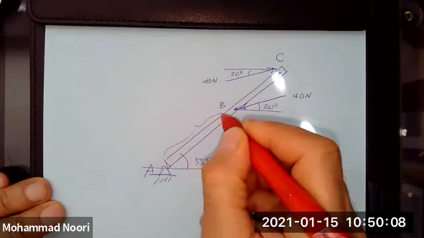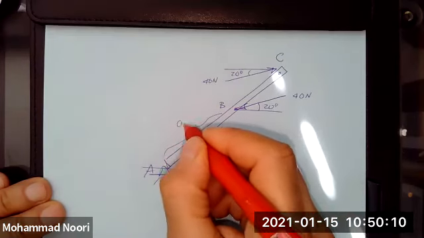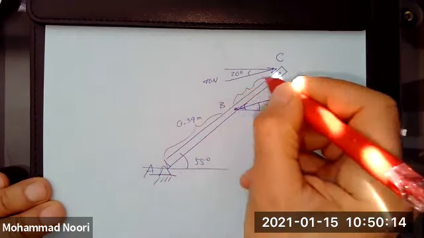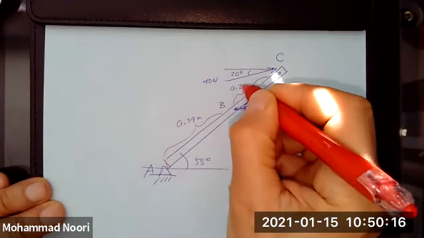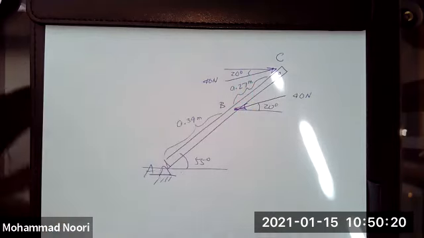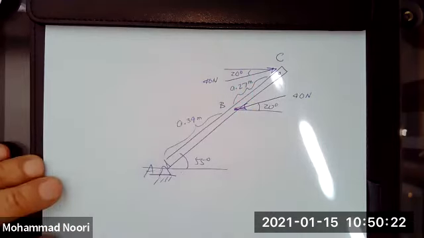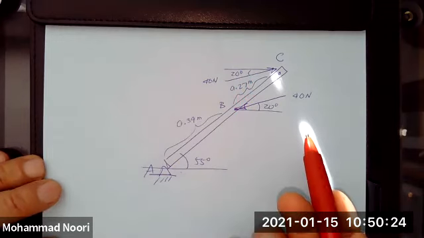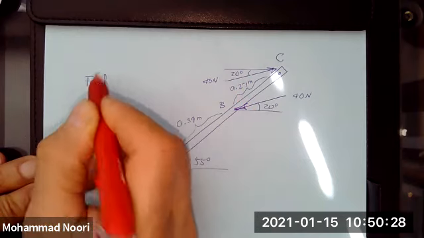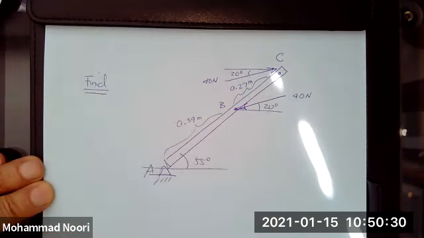From A to B, the length is 0.39 meters. From B to C is 0.27 meters. So that's the problem statement or the information given. What we want to find is actually threefold.